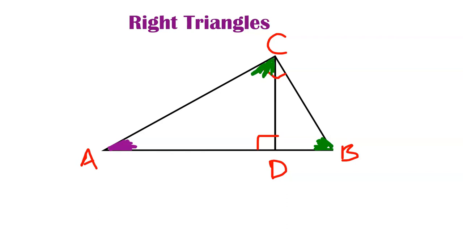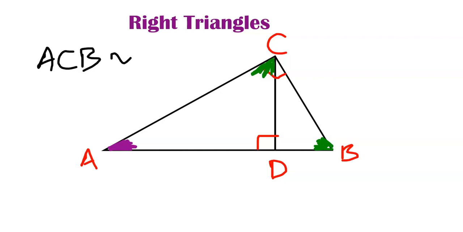Because if, for example, D is 90 degrees and A is 30 degrees, the only size angle that can complete a 180-degree triangle is a 60-degree angle. And since angle B would be 60 degrees, and then angle ACD would have to be 60 degrees, those two angles are congruent, which means that the angles of triangle ACB are congruent to the angles of triangle ADC.